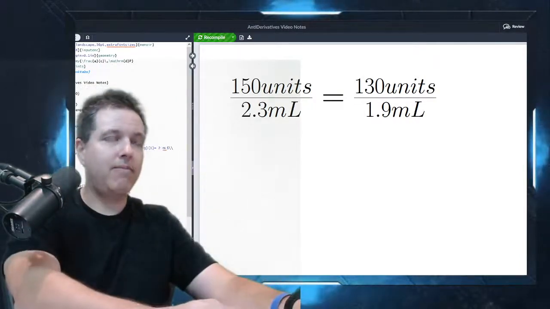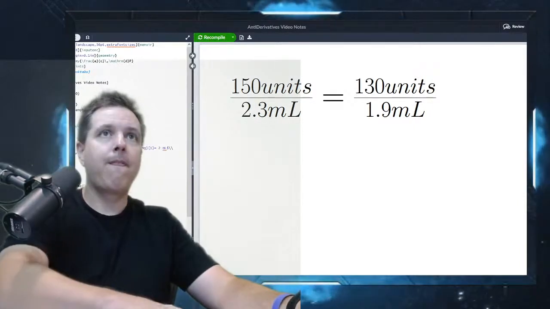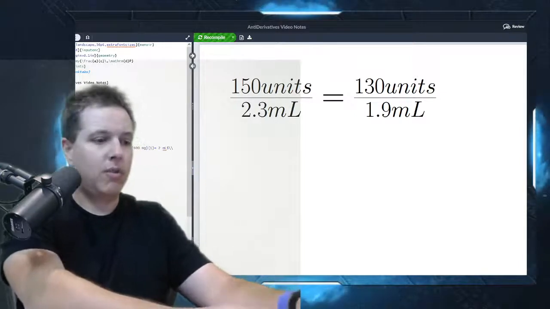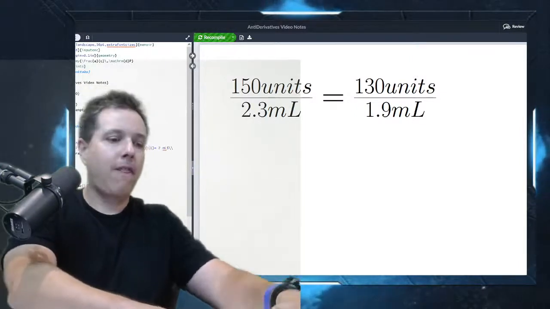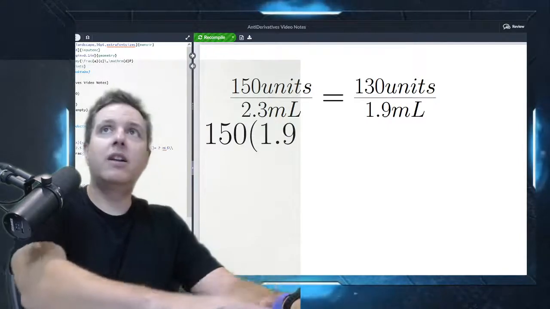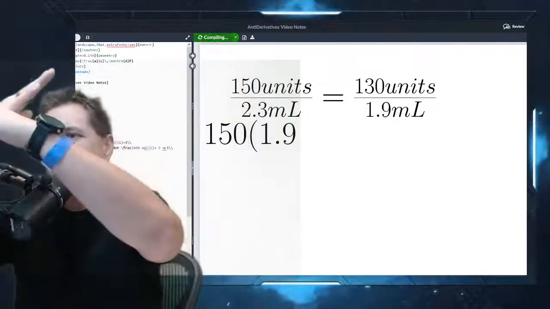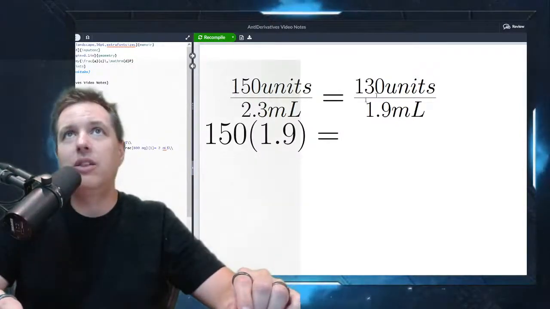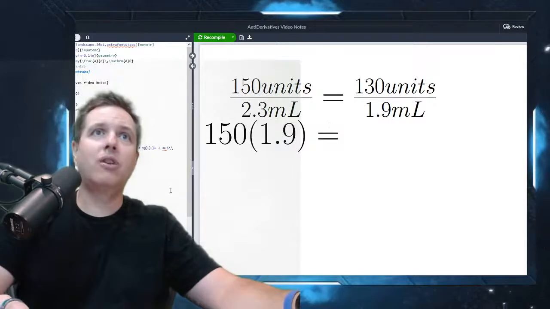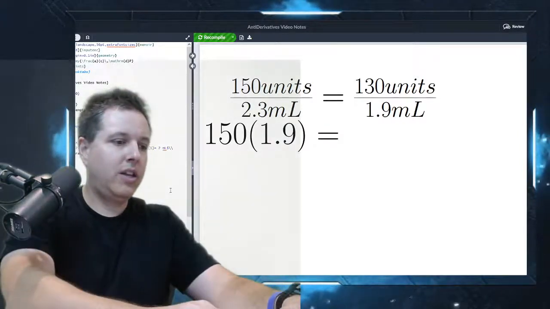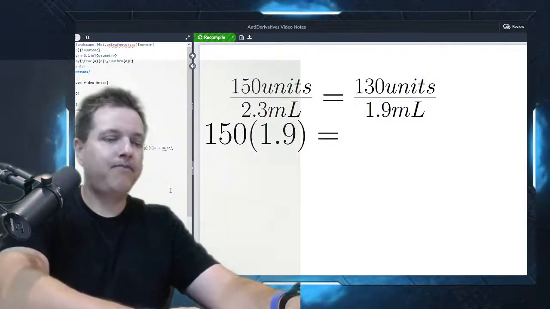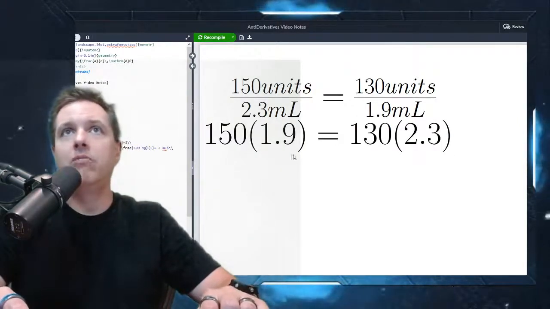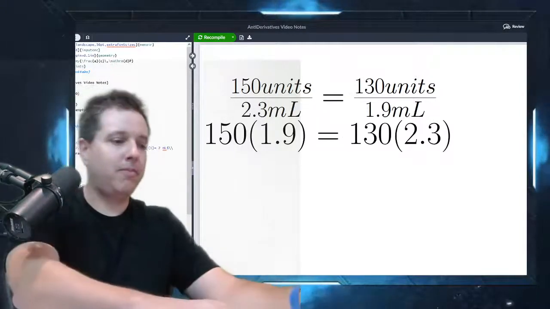So when I do that, this is really going to be 150 times 1.9. And we want to know, is this going to equal? It makes an X because you're multiplying diagonals. So now we're trying to multiply the other way: 2.3 times 130, so 130 times 2.3. Now I don't know, let's see what these come out to.